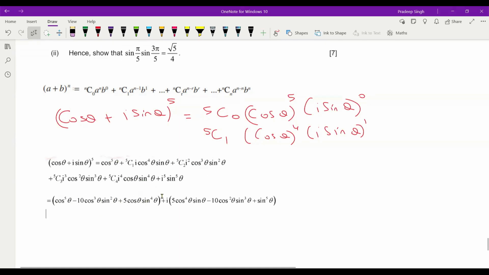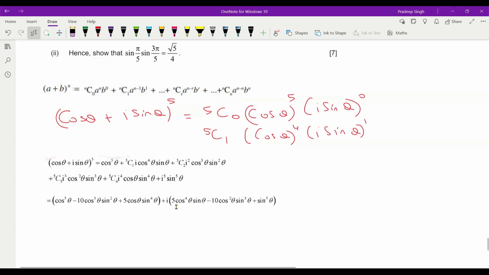Now, in the remaining terms, we will take i as common. So in the second term, we have 5C1, which is 5, cos to the power 4 theta, sin theta. Then in this term over here, 5C3 is equal to 10 and i cubed is -i. So we will write -10 cos squared theta sin cubed theta. And finally, in the last term, i to the power 5 is i. So the final expression will be sin to the power 5 theta.